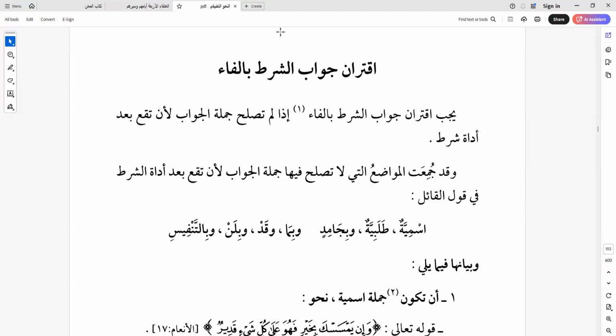وقد جمعت مواضع التي لا تصلح فيها جملة الجواب لأن تقع بعد أداة الشرط. He's saying that scholars have brought together مواضع, situations where it is not appropriate grammatically for the jumlatul jawab to come after the أداة الشرط. في قول القائل, from a statement made by someone.